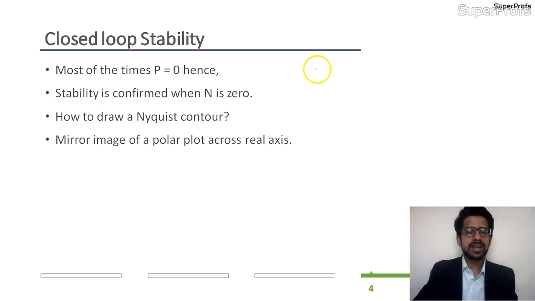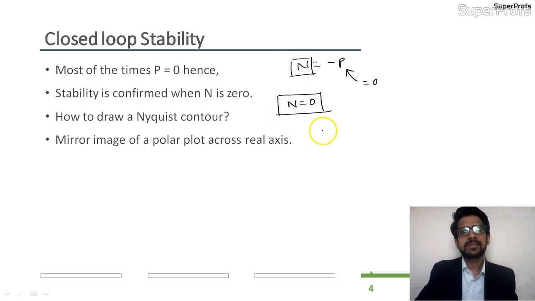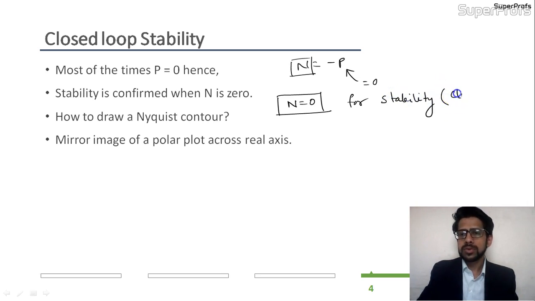Most of the times, but not every time. So if N is equal to minus P, and if most of the times P is also equal to 0, what should be my criteria for stability? Yes, N should be equal to 0. Okay, for closed loop stability.